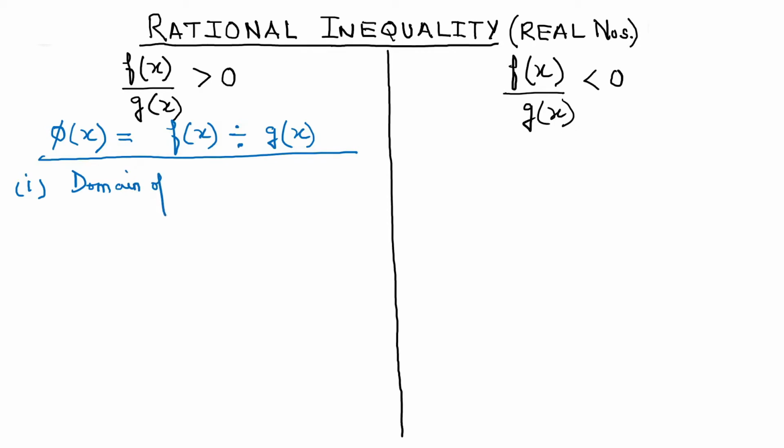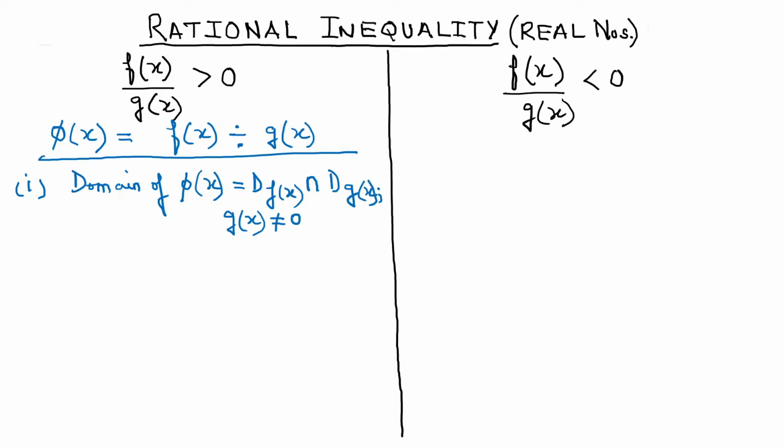So the domain of phi(x) is nothing but domain of f(x) intersection with domain of g(x), and along with this, g(x) should not be equal to 0, which comes as an additional domain constraint.